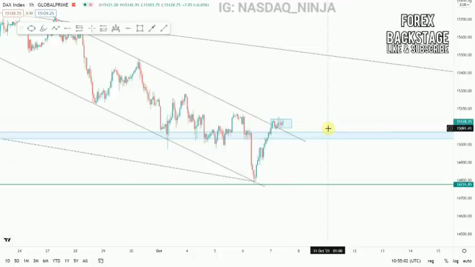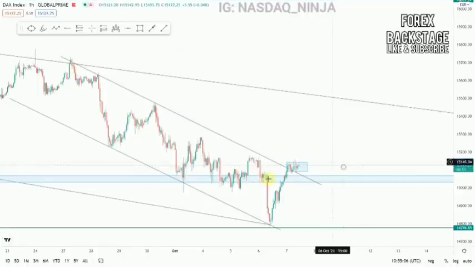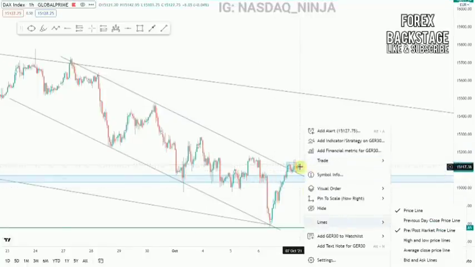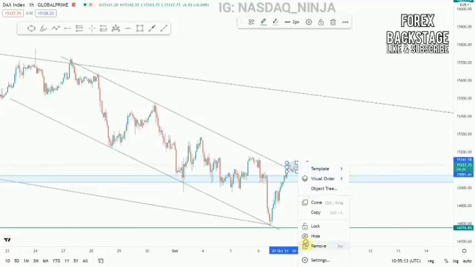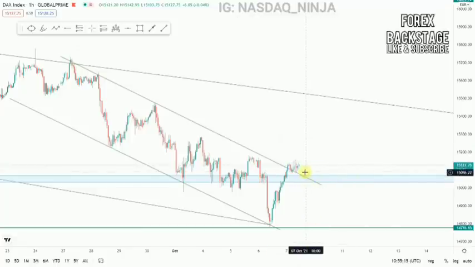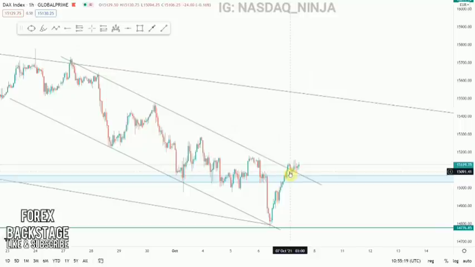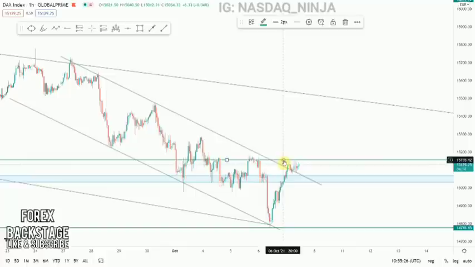So during the process, when I notice that I have a correction, I will aim that in either way, if the market comes back to this position here, I'm gonna be entering my buys. If the market breaks this point here and closes outside, I'm gonna be entering my buys as well. So that one is my plan.